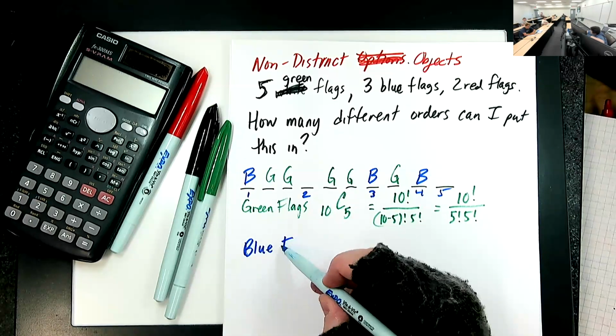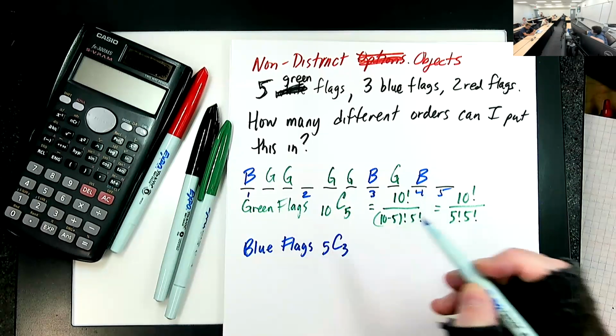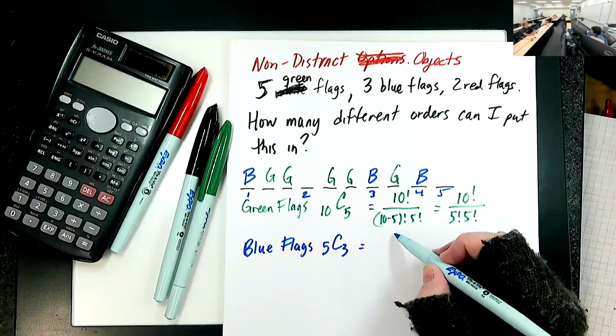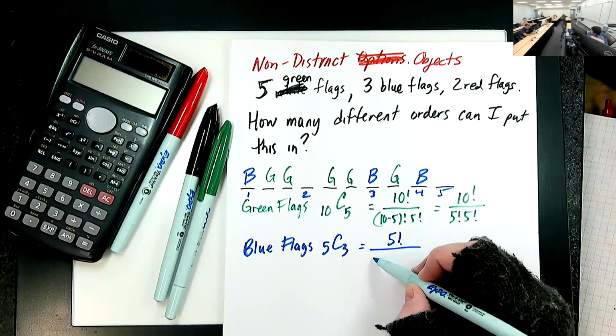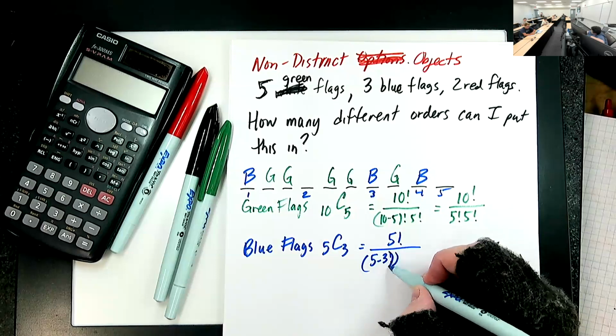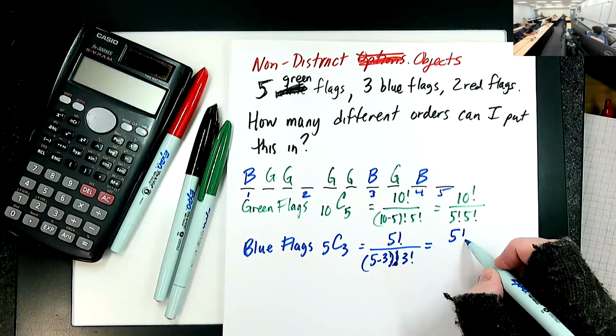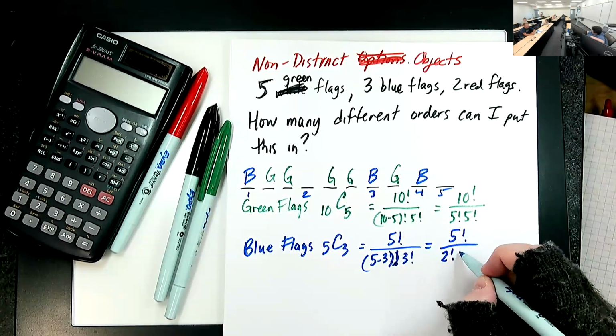Blue flags were 5, choose 3. So this is 5 factorial over 2 factorial, 3 factorial.